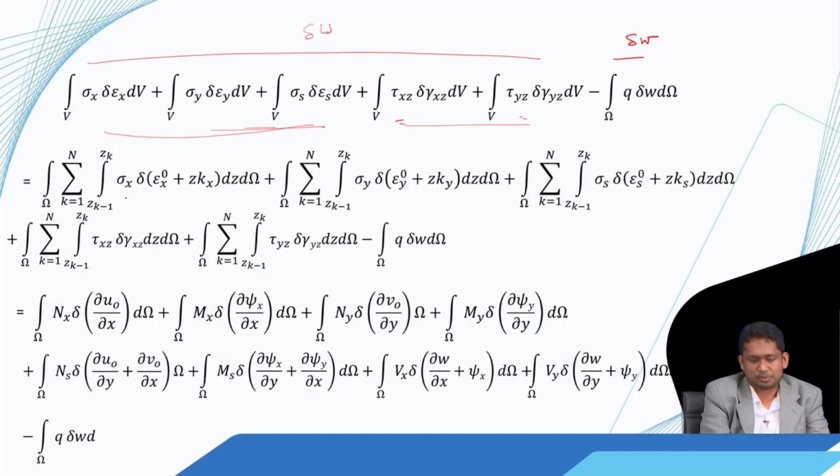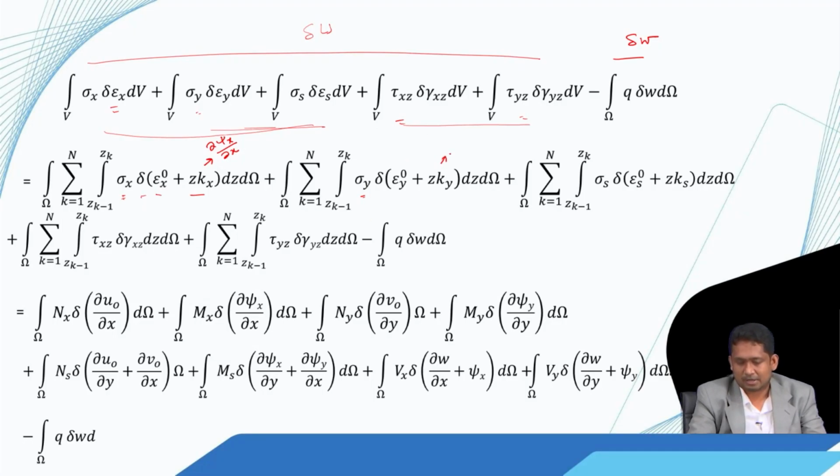For this we know that sigma x into delta of epsilon x is put here, and delta of epsilon x is equal to delta of epsilon x 0 plus z into kappa x. Now, kappa has a different definition here; previously it was minus of del 2 w by del x 2, here it is del psi x by del x. Similarly, we have sigma y into delta of epsilon y, which is sigma y into variation of epsilon y 0 plus z into kappa y, and kappa y is del psi y by del y.